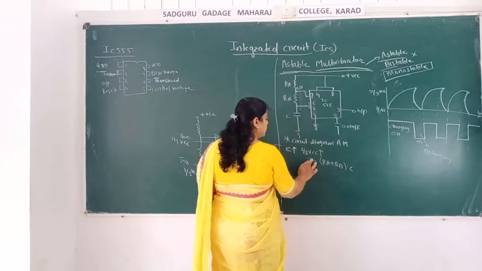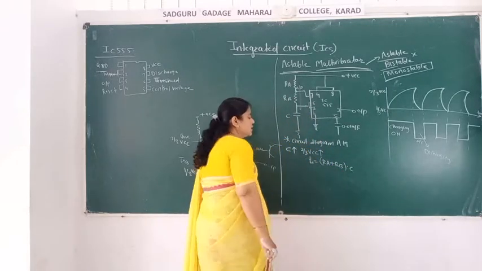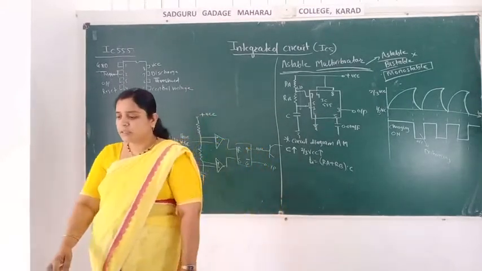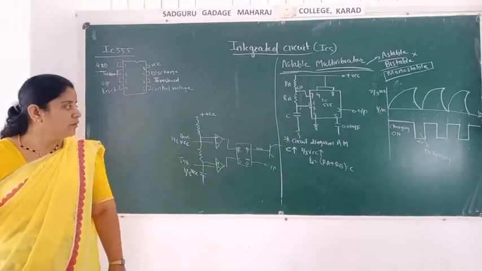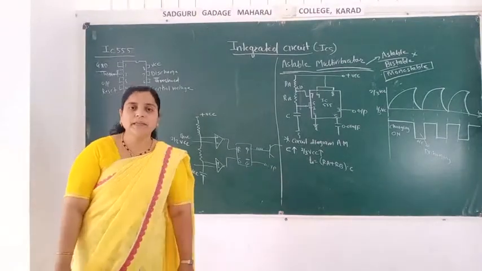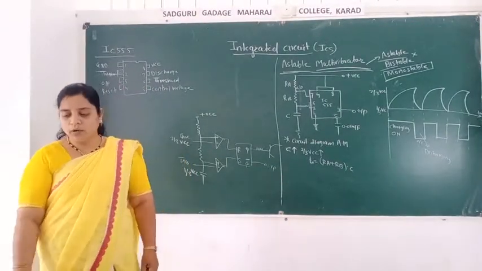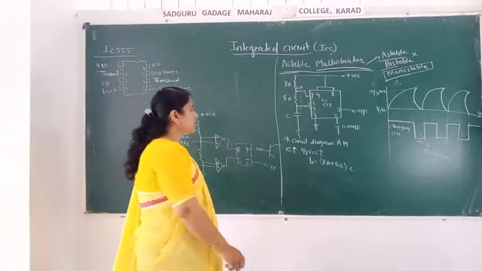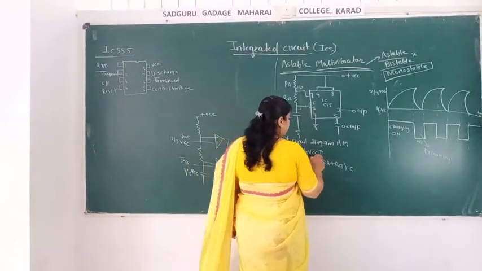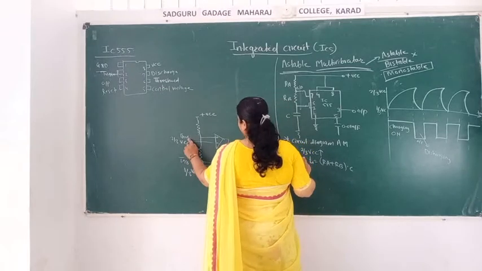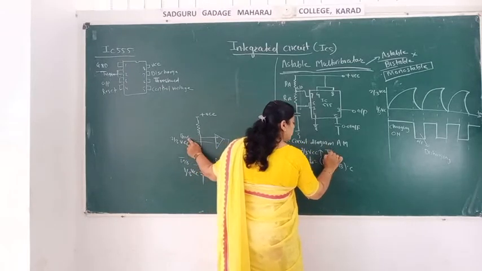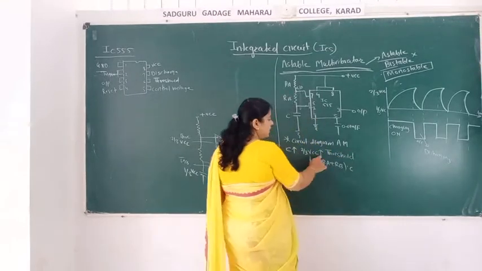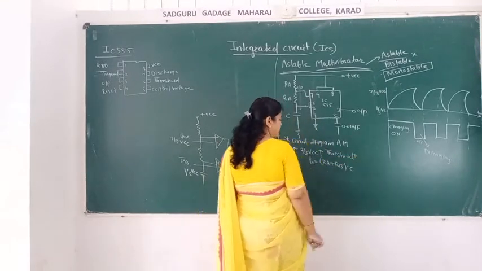The formula for the charging of the capacitor is T1 equal to RA plus RB times C. The capacitor will be charged until the threshold voltage is greater than 2/3 of VCC.